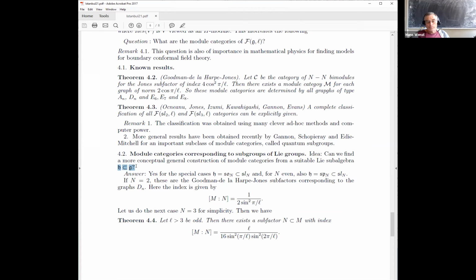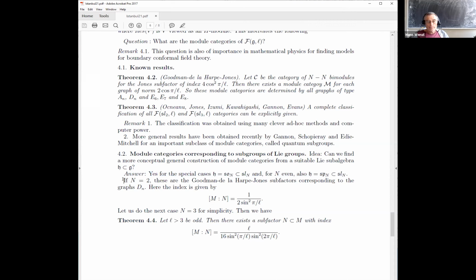So can we pull this embedding of H in G up to the level of fusion categories? And so the answer, which we're going to describe, is yes, for two cases, namely, if you embed the orthogonal groups into the special linear group, and the symplectic ones into SLN.